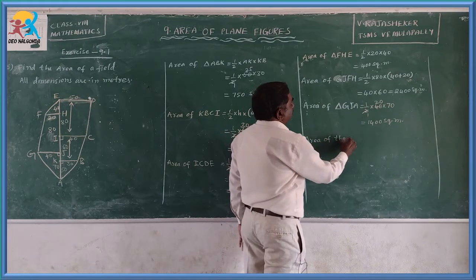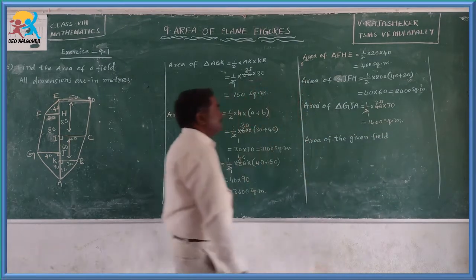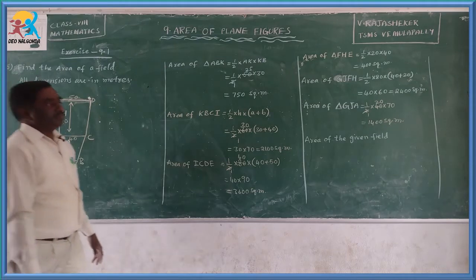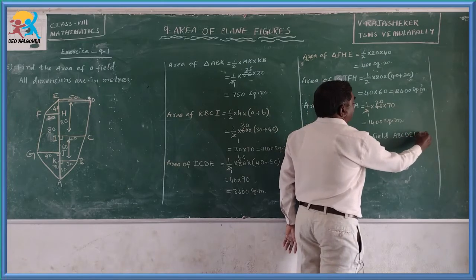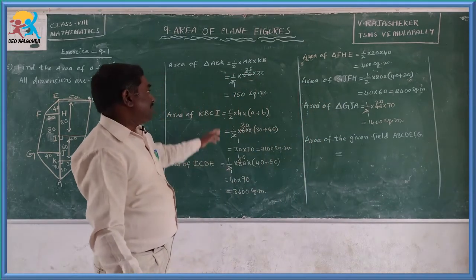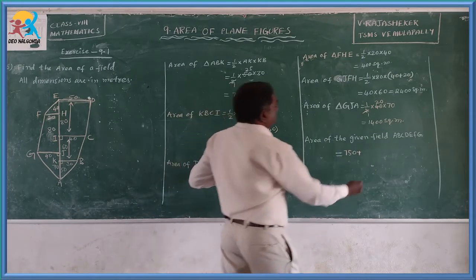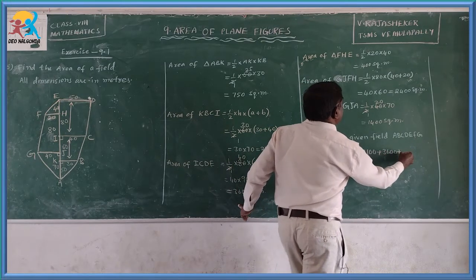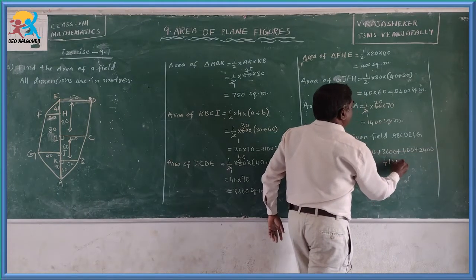Area of the given field A, B, C, D, E, F, G can be written as the sum of all the areas: 750 plus 2100 plus 3600 plus 400 plus 2400 plus 1400.